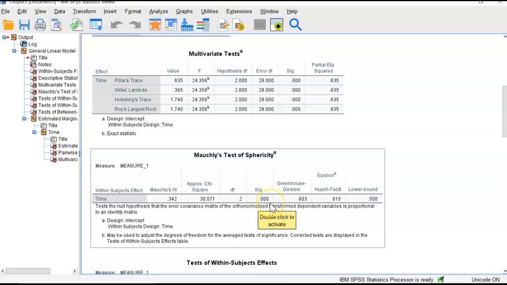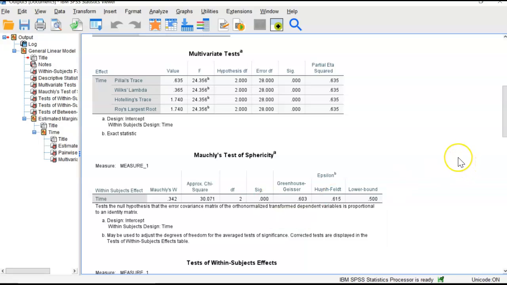Our significance value is 0.00. So in this example, we have violated the assumption of sphericity. There are ways of compensating for it, but what you need to do is explore the output further.